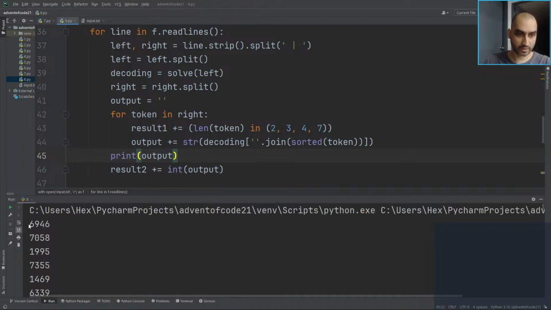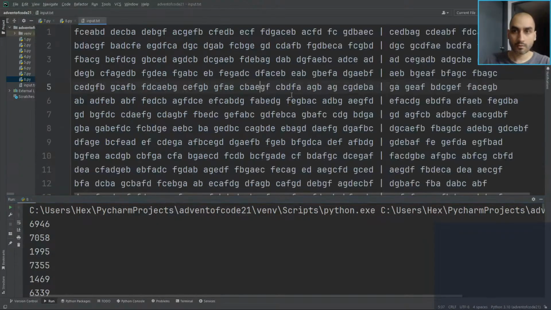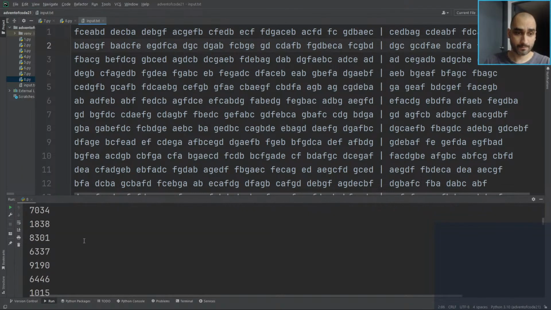Wait, no, that's fine. Wait, okay, so we've got those two the same. Does that happen? Yeah, it does. Yeah, that's right. Looks plausible. Alright, we'll try the test example then.